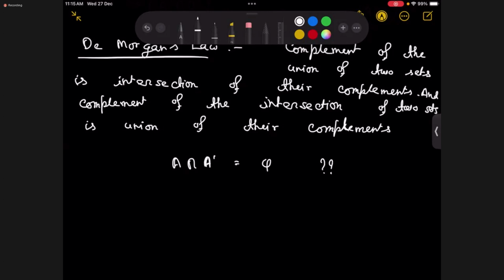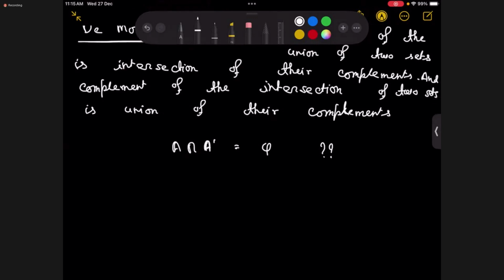Because in a Venn diagram, or else you can also understand these things now, what about the elements of A and what about the elements of A complement? There are no common elements. Why is this so? Because if we draw the Venn diagram, this is our U, and this is the set A, and A contains these elements.